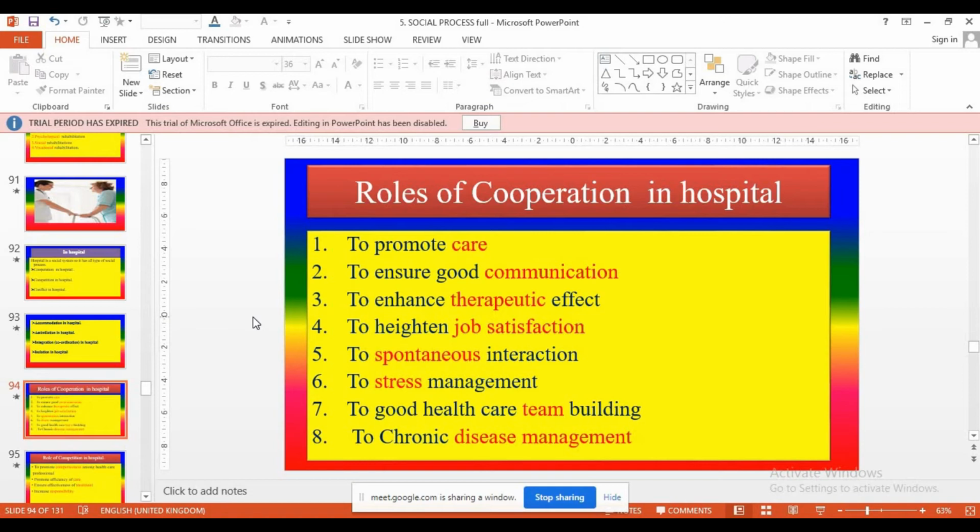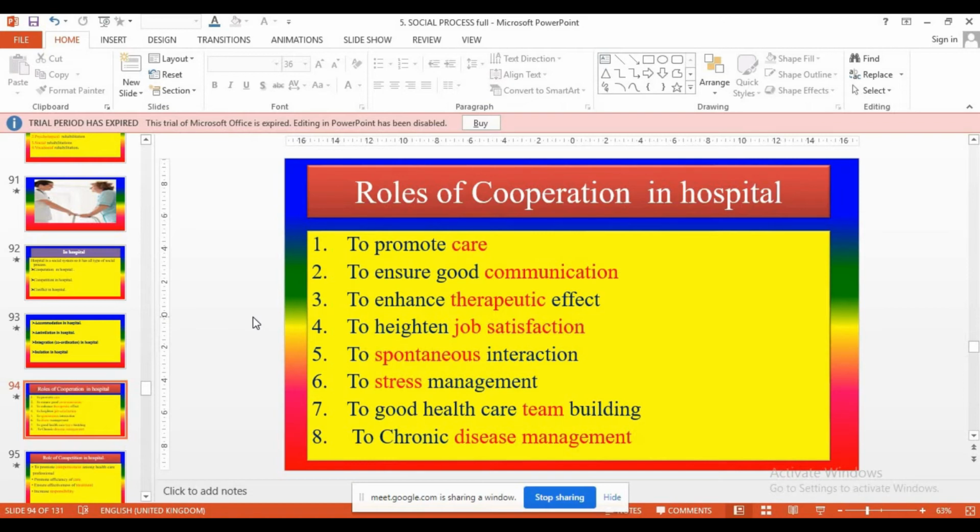Third one, enhance therapeutic effect, healing effect. For example, if a patient comes into the hospital, we need to identify this particular disease, due to which type of social process, or mainly mental illness or stress.